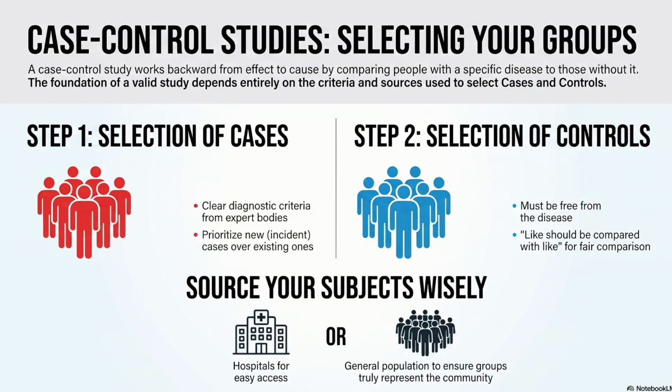A useful way to remember this is cases and controls should be alike in every important way except for the disease. Controls can be selected from hospitals, neighborhoods, workplaces, or even the general population, depending on the research question. Poor selection of controls is one of the most common reasons why case control studies produce misleading results.